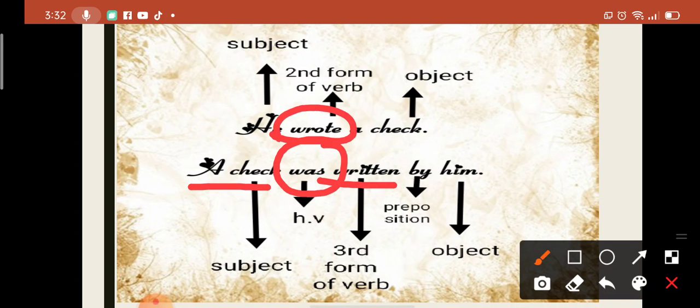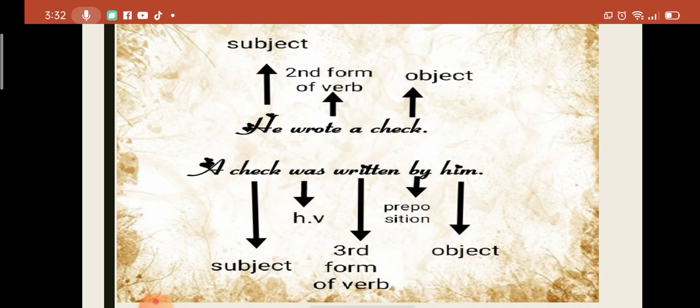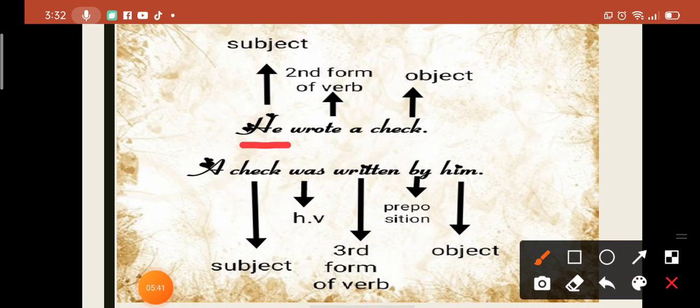So always remember, if there is second form of verb in a sentence, then you have to use was or were helping verb and then third form of verb after that for passive voices. Then preposition by, and in the last subject will change into object. He will become him.